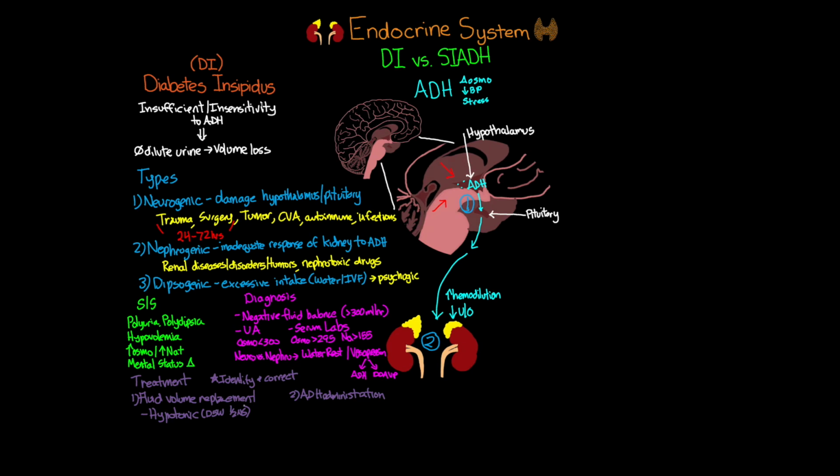So now, along with this initial treatment, we also want to be replacing the free water deficit that our patients have. Now, typically what we'll do with this is we'll match our urine output on a 1-to-1 basis with our fluid replacement. So if they put out 400 in an hour, we're going to give back 400 in volume. But we can also use a free water calculation to determine what our patient's free water deficit is.